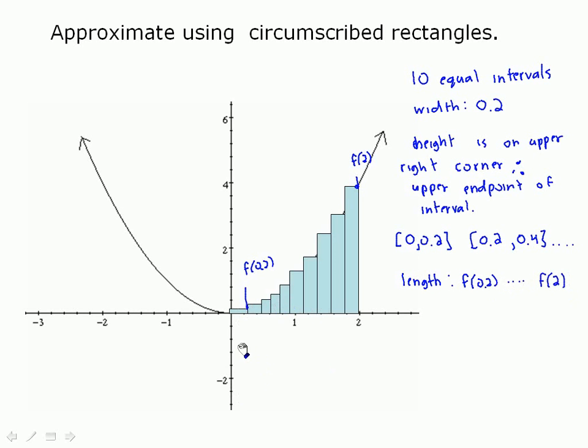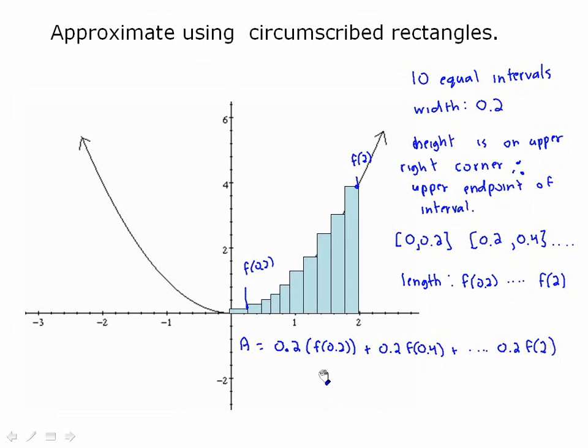I think I've got enough below so I can at least get going on this. So the area for the first interval is going to be a width of 0.2 multiplied by f at 0.2. And then the next one is going to be 0.2 width times f at 0.4, and then all the way up to 0.2 times f at 2.